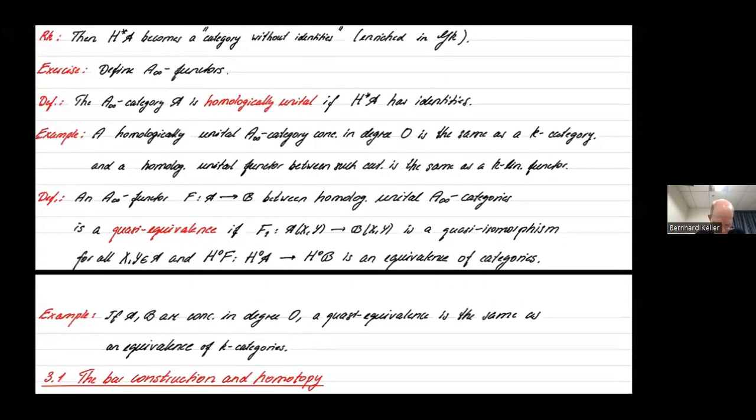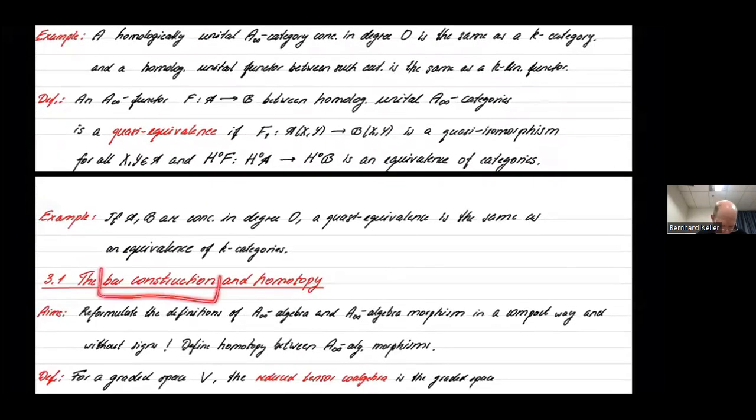And then we also require H0 of F to be an equivalence of ordinary K categories. This is the good notion of equivalence between homologically unital A-infinity categories. So again, if we consider the case where both categories are concentrated in degree 0, then a quasi-equivalence just reduces to an equivalence of K categories.